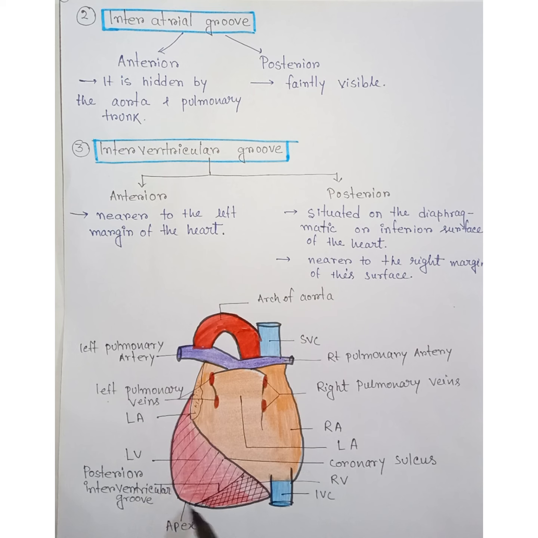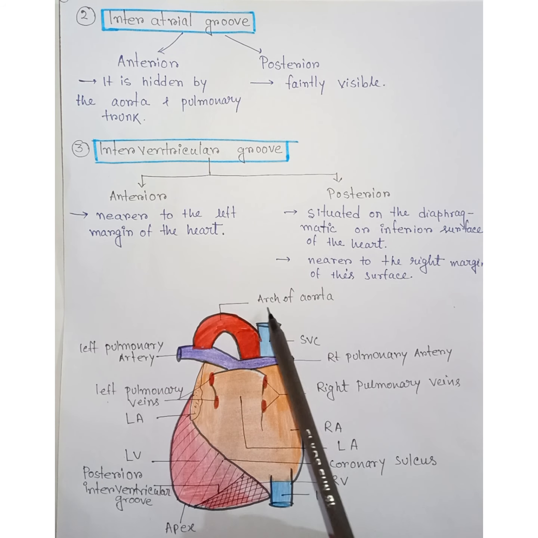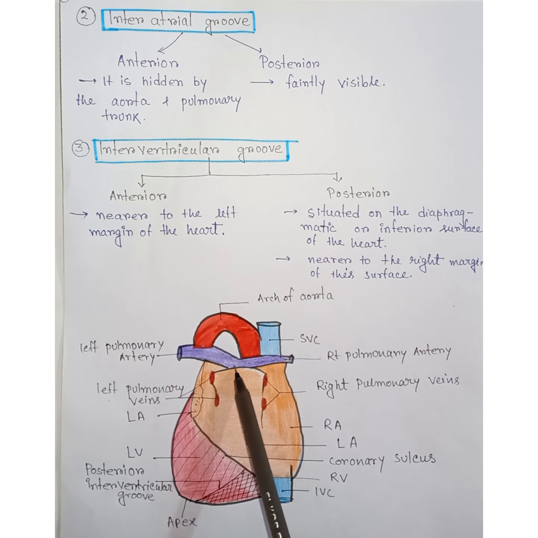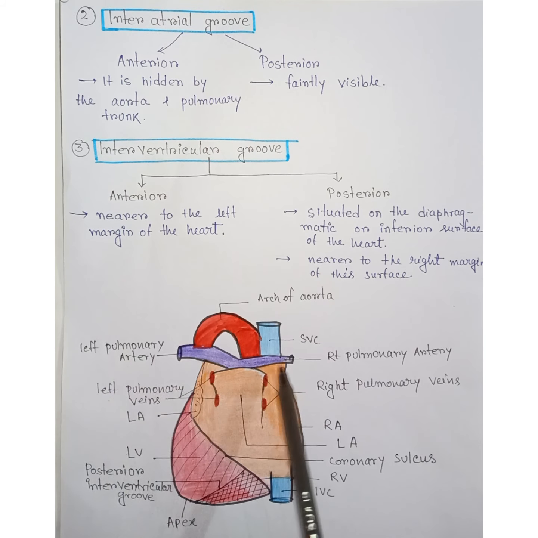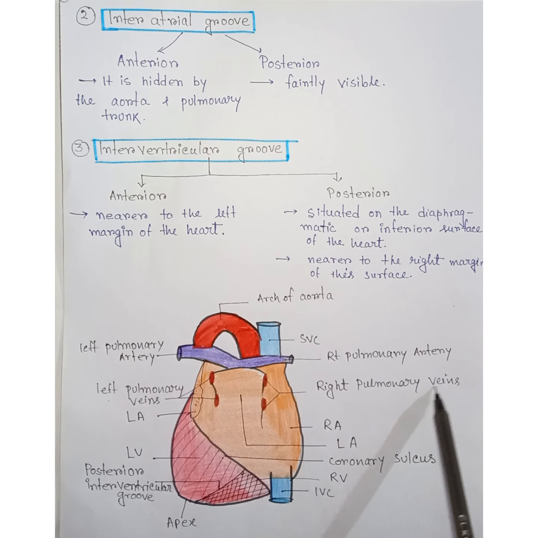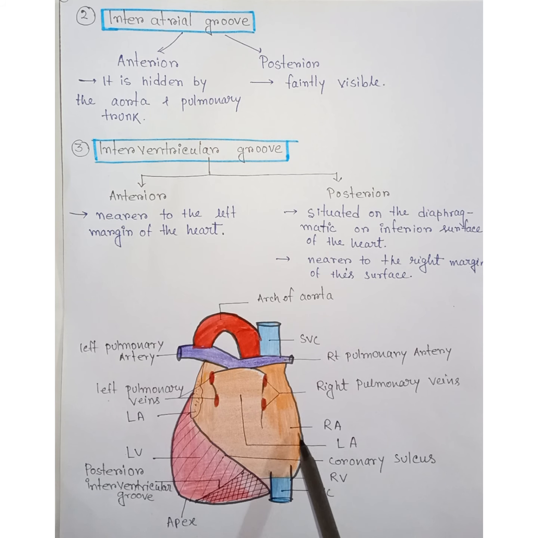This is a diagram showing many parts of the heart. This is the arch of aorta, SVC and IVC. The pulmonary trunk is divided into the left pulmonary artery and right pulmonary artery. There are two left pulmonary veins and two right pulmonary veins. This is the left atrium, this is the left ventricle, this is the right atrium.